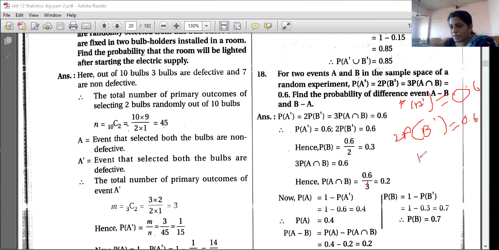That means P of B dash will be 0.6 divided by 2. That comes to 0.3. Like this you have to find, right?